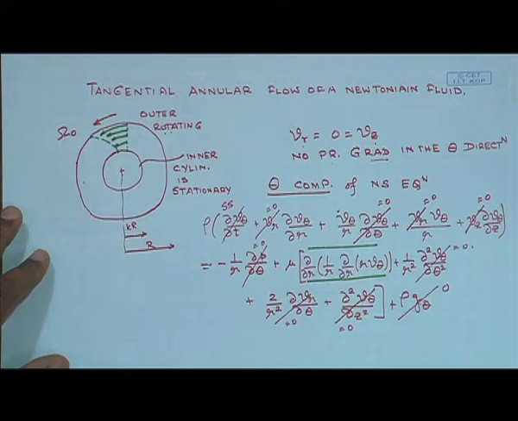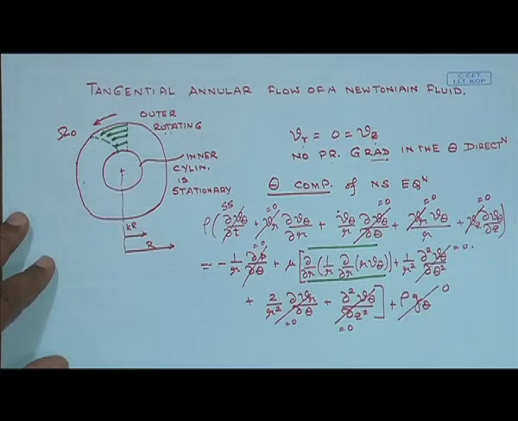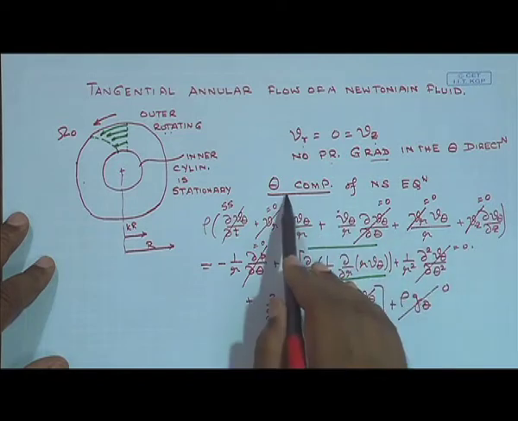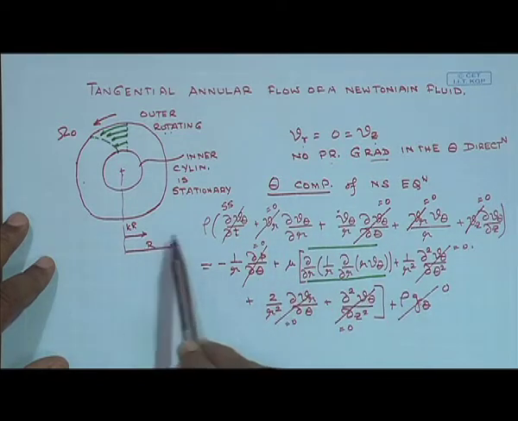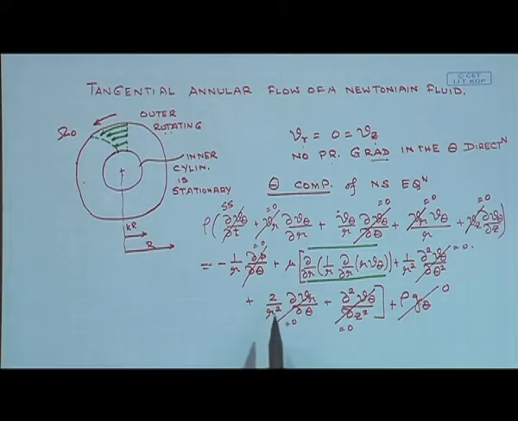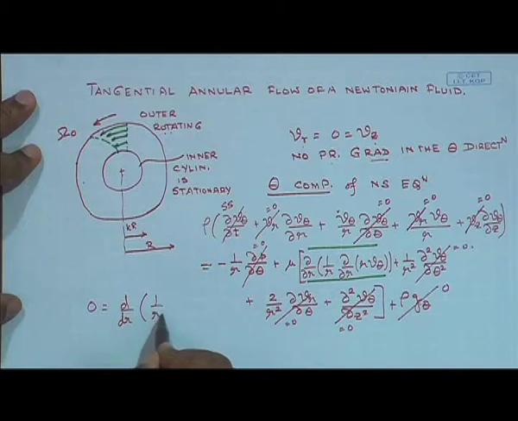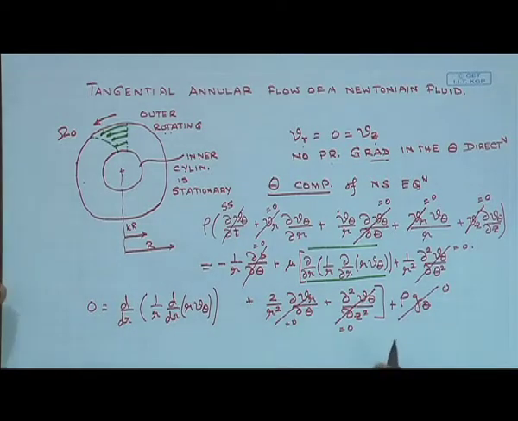So what you see from here is that from the entire theta component of the Navier-Stokes equation, most terms are 0, and you get the governing equation out of this to be 0 equals d dr of 1 by r d dr of r v theta.